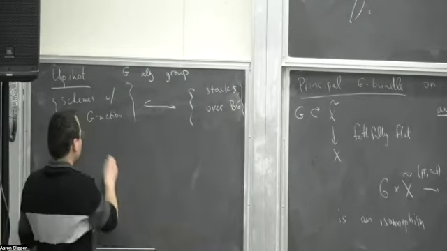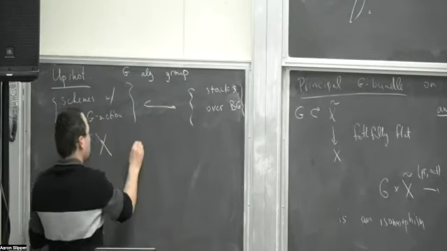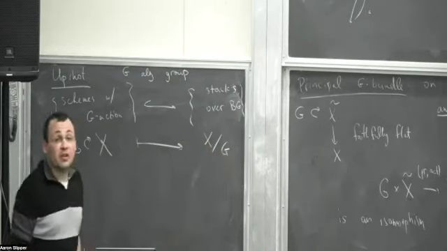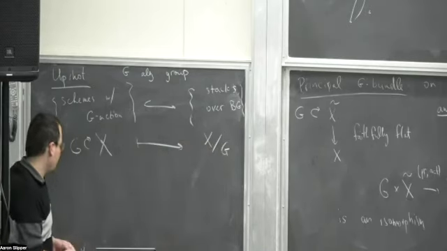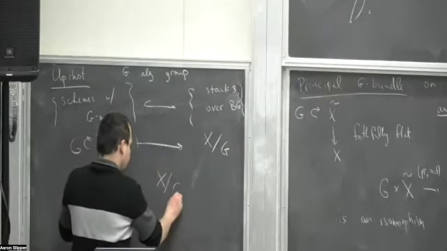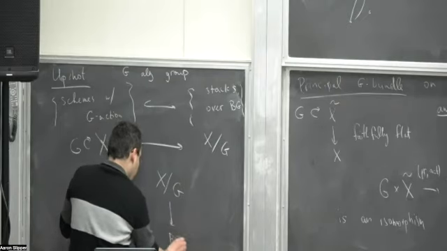Namely, the embedding is, if you have some X with an action of G, this goes to the stack quotient that I defined. And moreover, we have this map to BG.